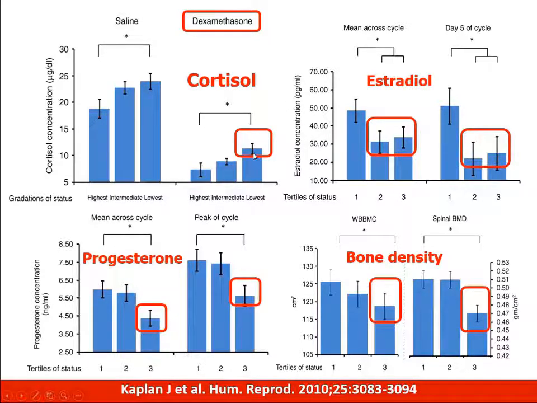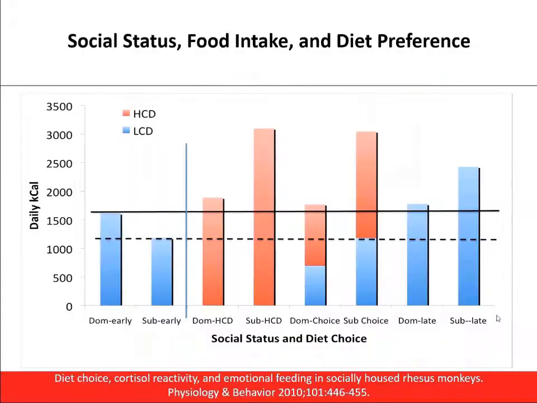So the more subordinated the monkey, the less likely they are to respond to dexamethasone suppression, and the lower their estradiol levels, and the lower their progesterone levels, and the lower their bone density. So this seems to be a very conserved pattern of response to chronic stress, both in humans and in monkeys.